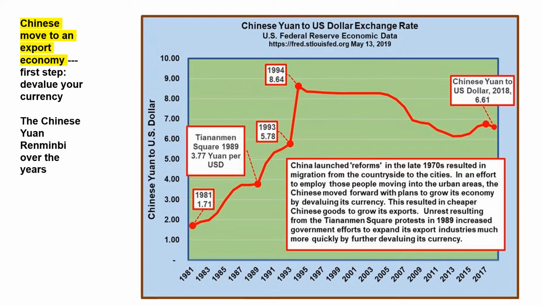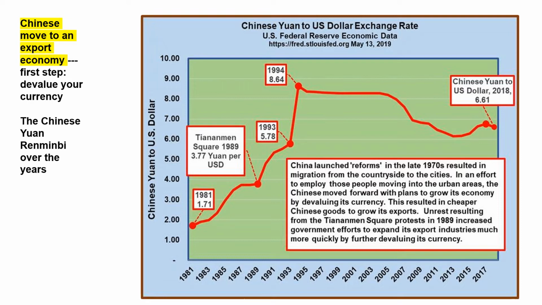So here's the story. In 1981, we're looking at the Chinese yuan being at 1.7 yuan per US dollar. And as we move to the right, we start to see Tiananmen Square in 1989, we're looking at 3.77 yuan per dollar. So as this is going up, keep in mind that that Chinese currency is being devalued.